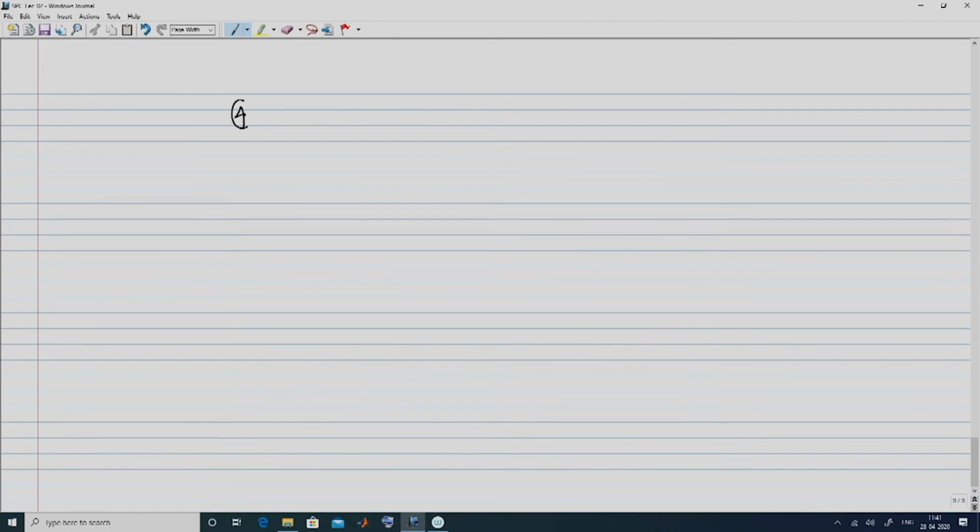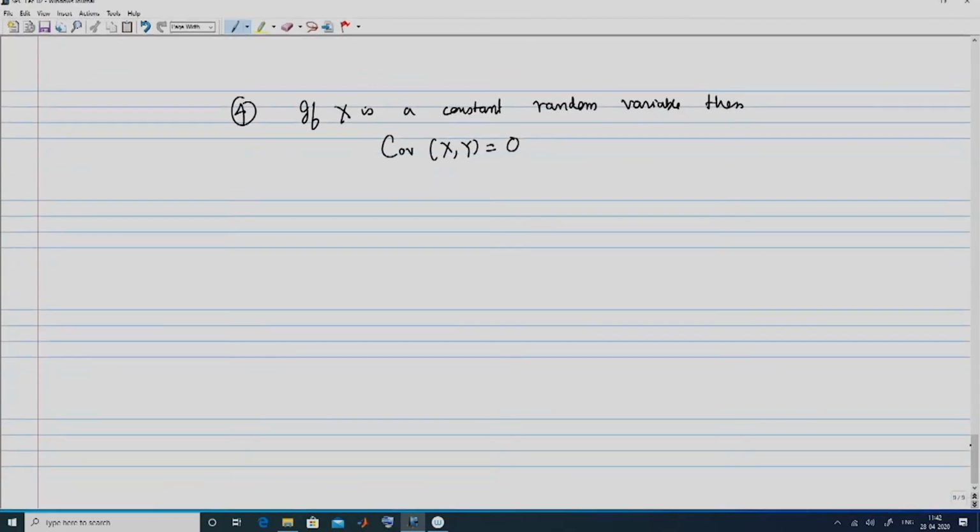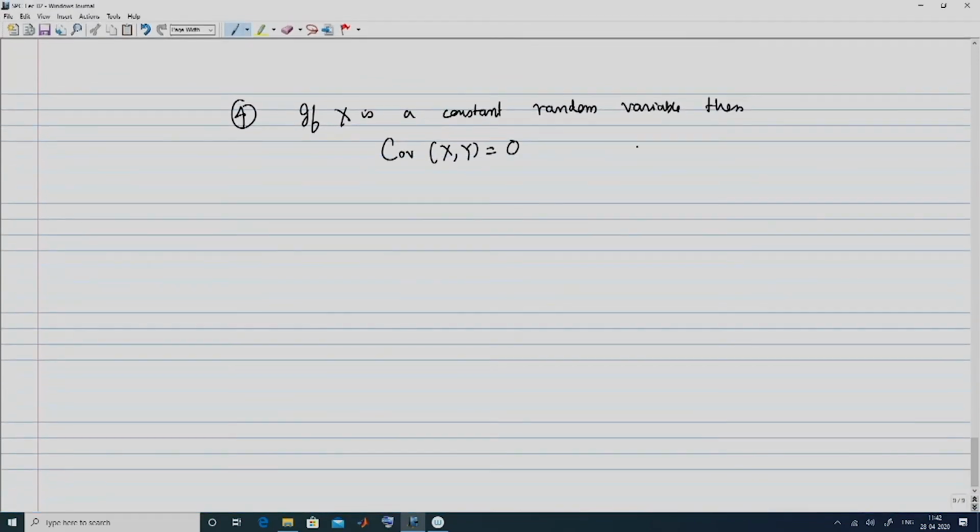The fourth property is that if x is a constant random variable, then covariance of x y is going to be equal to 0. This is again evident from the basic definition of covariance.